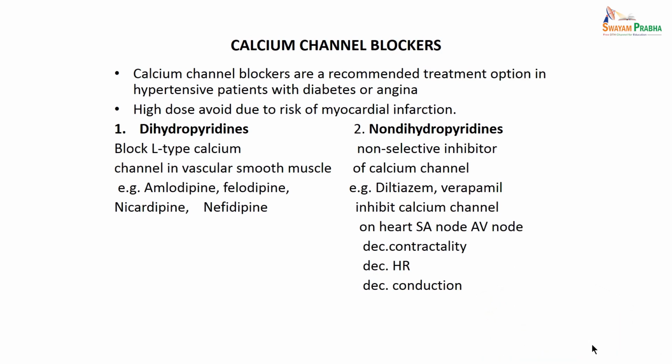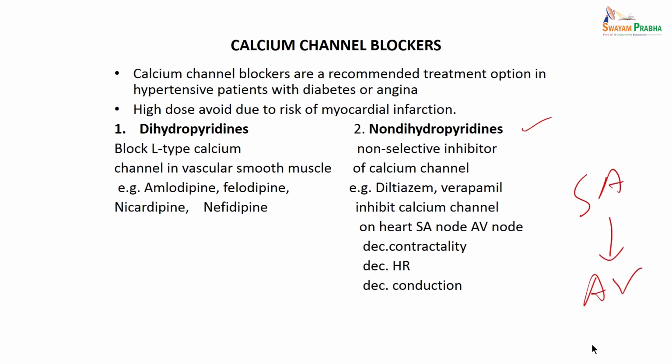Then we have non-dihydropyridines, which are non-selective calcium channel blockers like diltiazem and verapamil. They inhibit calcium channels in the SA node and AV node. So, what it does is it causes decreased contractility, reduces the heart rate, and reduces SA node to AV node conduction.